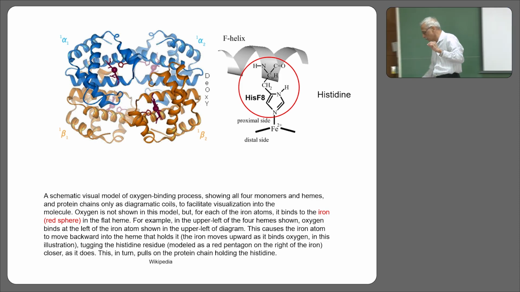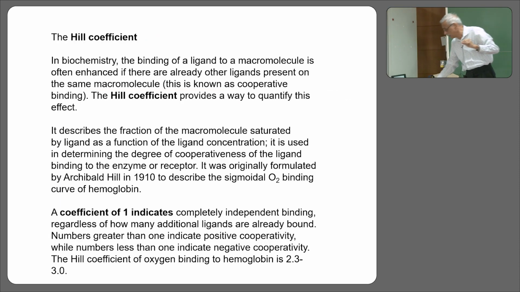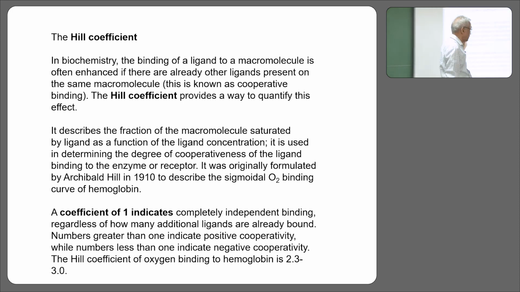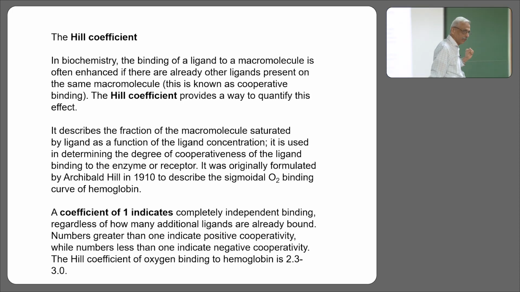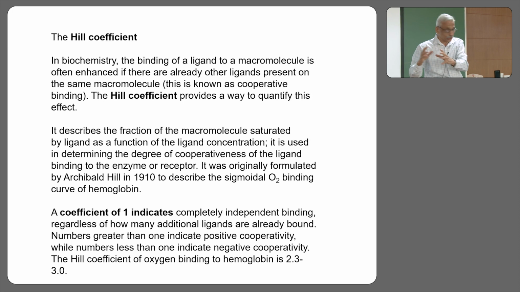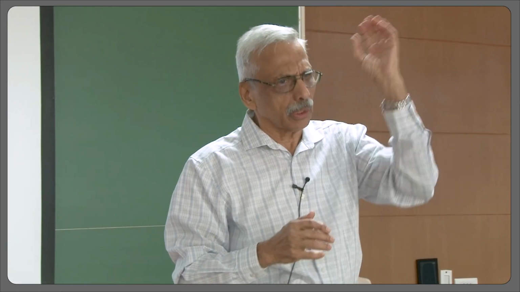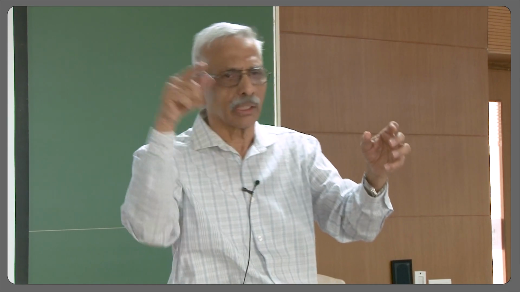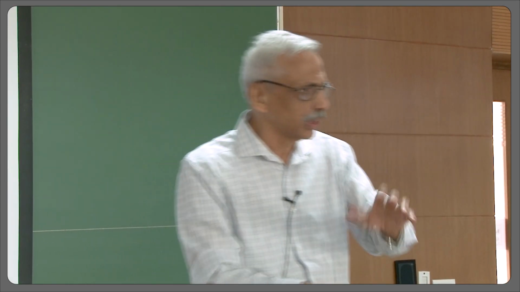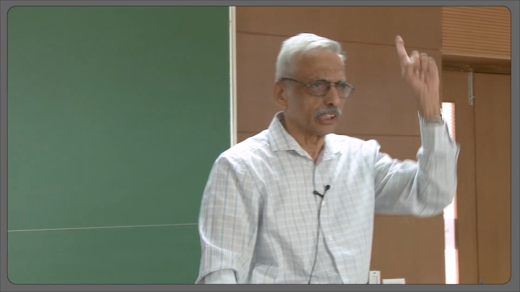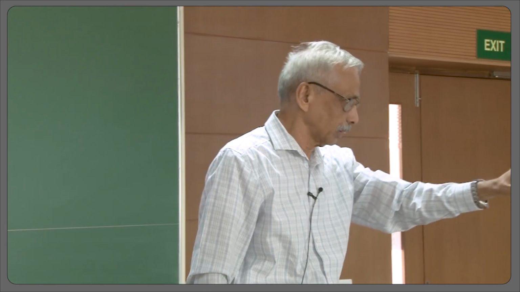But this is a phenomenon of cooperativity, and this was extensively studied by this scientist called Hill, and then he used a lot of mathematics to model this. He said that if there is no cooperativity, what do I mean by no cooperativity? It means oxygen combines with the first, it does not influence the second, combines with the second, does not influence the third, no cooperativity, Hill's coefficient is called 1.